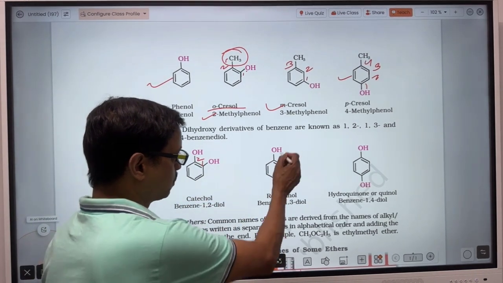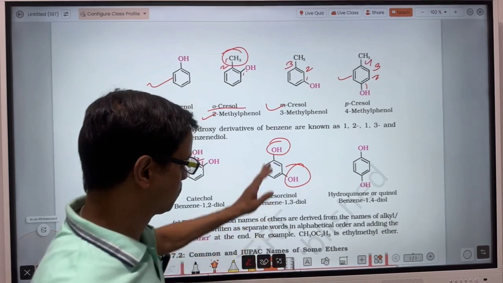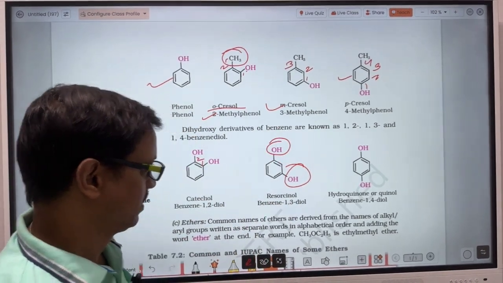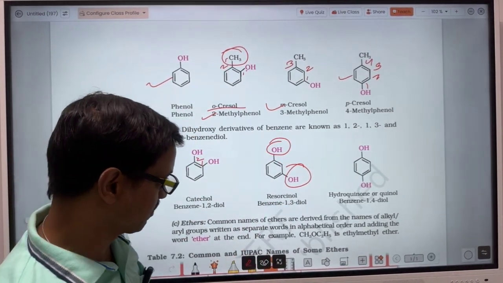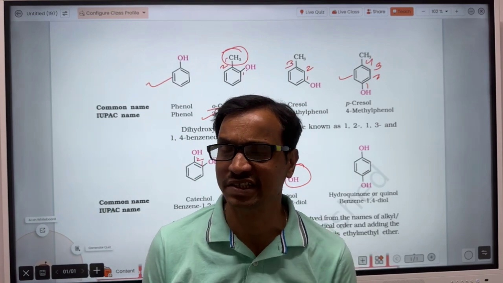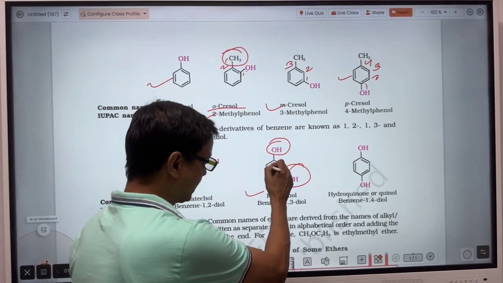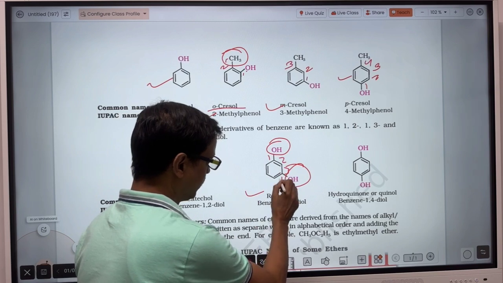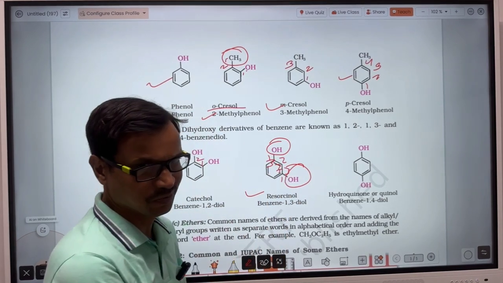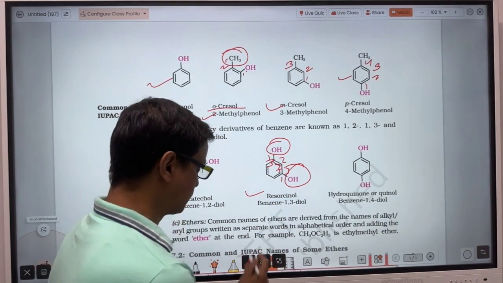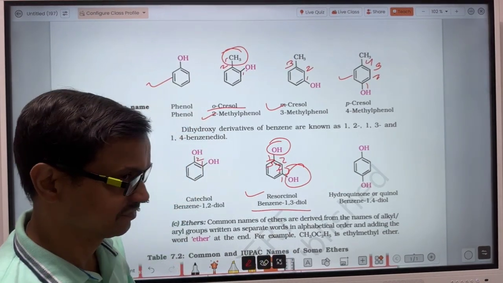Same here, when 2 OH groups are present on the benzene at meta position with respect to each other, then that will be called resorcinol. IUPAC name, 1, 2, 3 or 3, 2, 1, in whichever manner you want to do the numbering. So that will be called benzene-1,3-diol.